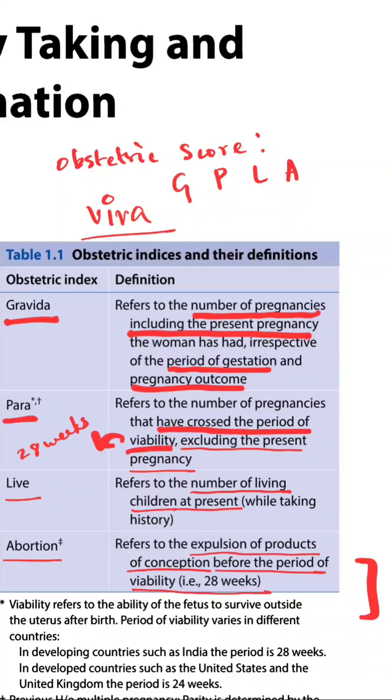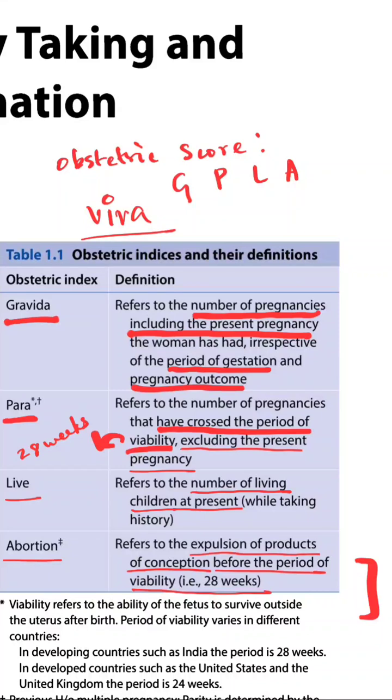The first one was an abortion. The second one, she has a boy baby, around 5 years old. And this is the third pregnancy. So what will be the score?